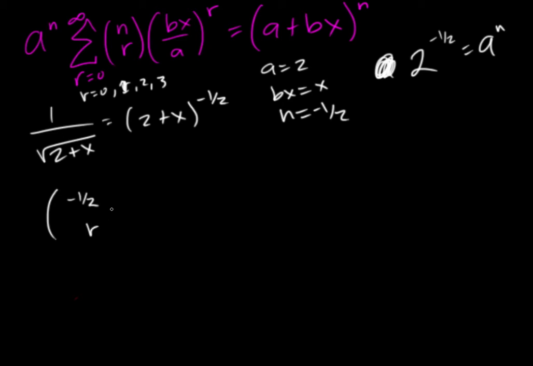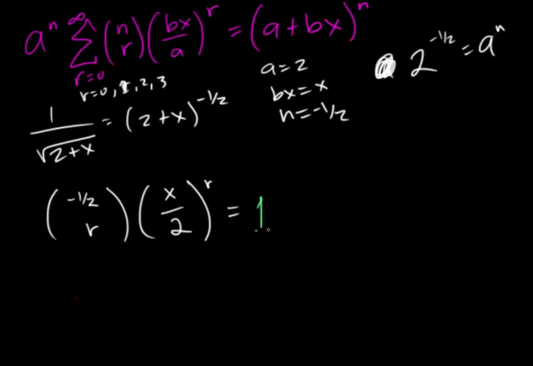Our bx will always be x. Our a will always be 2. And our r value will be r. So if we plug these in, we're going to plug in a 0, and remember that just goes to 1, and that's just a 0 as well.